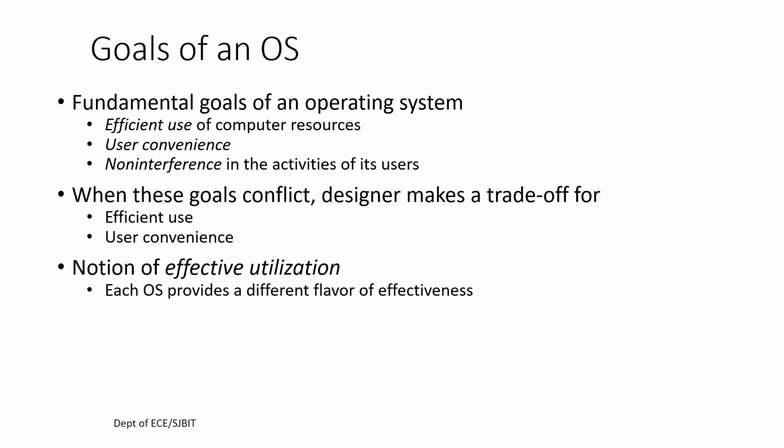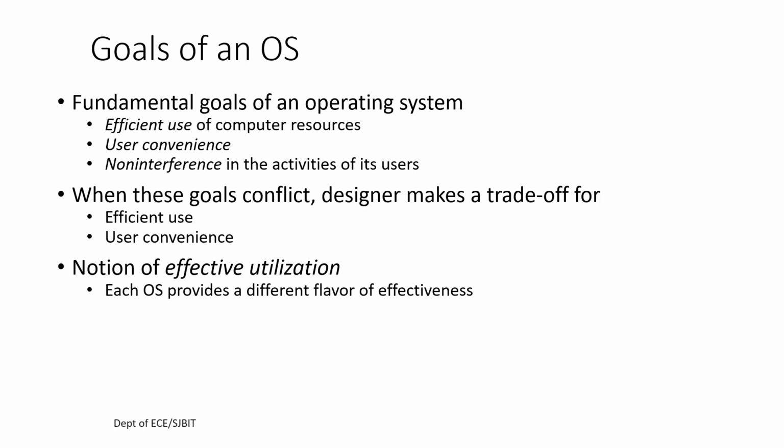Now we are going to talk in detail about the goals of an operating system. When these goals conflict, the designer makes a trade-off between efficient use and user convenience. Effective utilization means that each OS provides a different flavor of effectiveness.